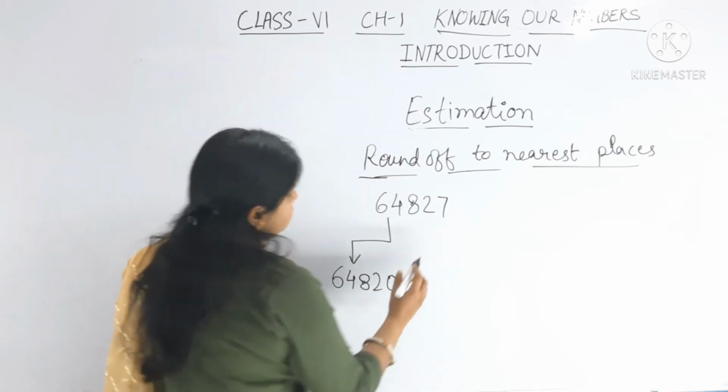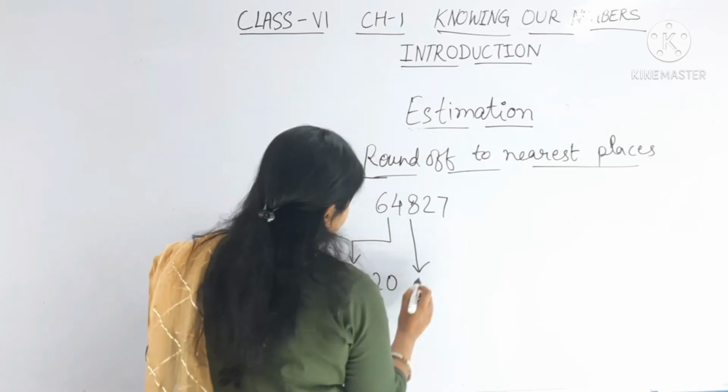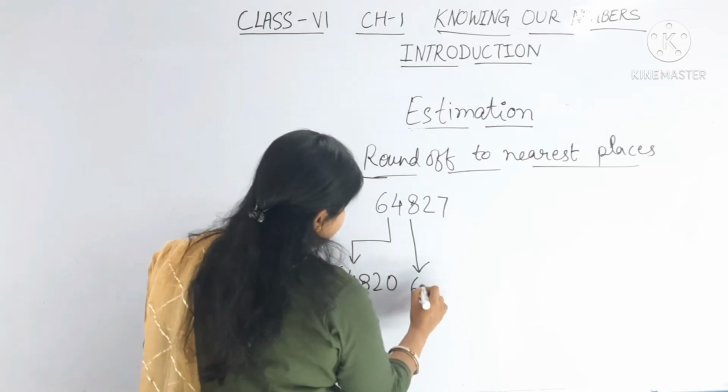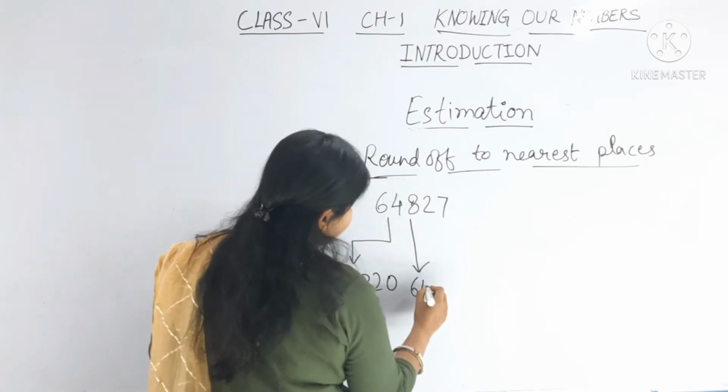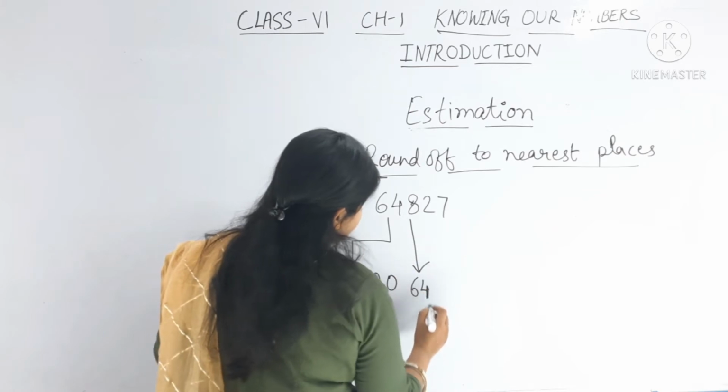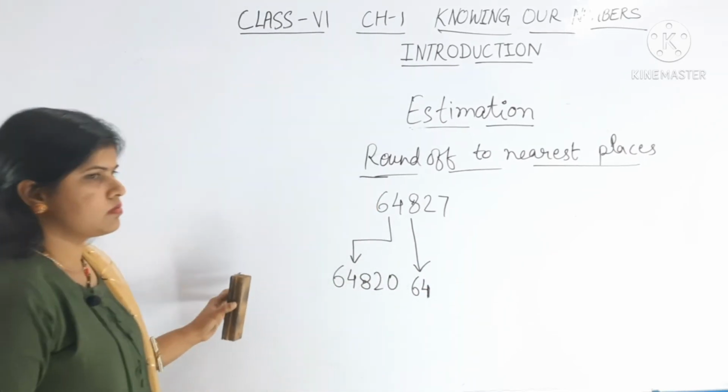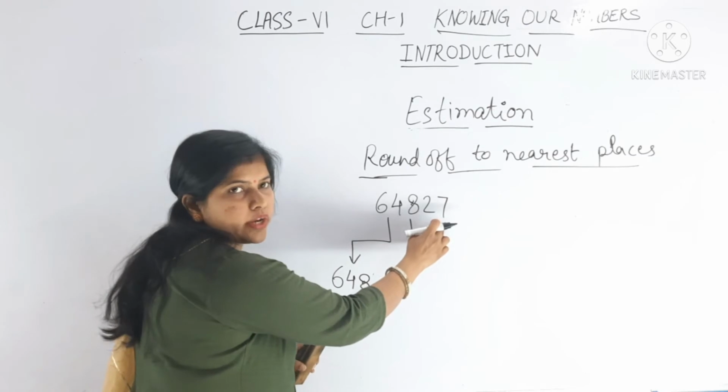For the tens place, here is 8. Here is 7 in the ones place.